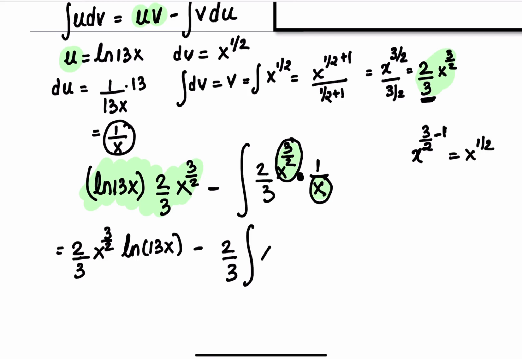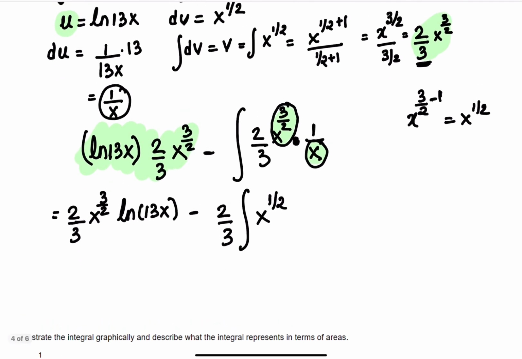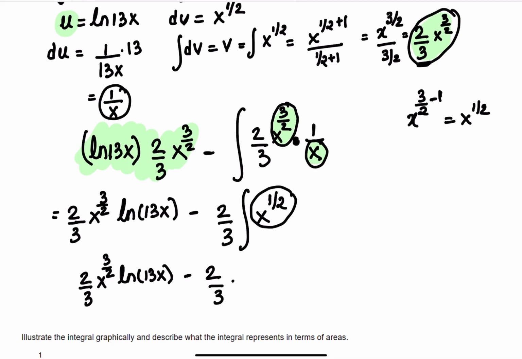So this is the integral of x to the half. And you know the integral, I'm going to write this down again. I'm hoping I don't make any mistakes by copying it down. Minus 2 over 3. We already found the integral of x to the power half, which is 2 over 3 x to the power 3 over 2.